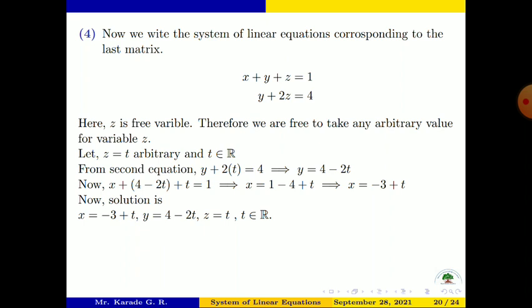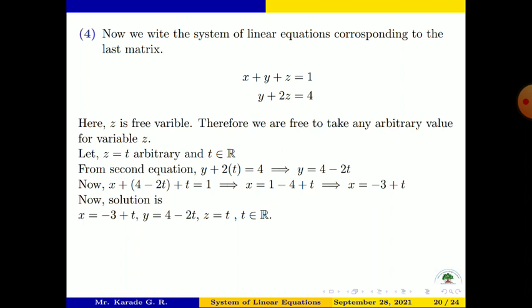So this is a general formula to find infinitely many solutions for this system of linear equations. For different values of t, you will get different solutions for the given system of linear equations. As t belongs to R, means t is any real number, but set of real numbers is an infinite set. So we can take infinitely many values for t. For each value of t we have one particular solution for the given system of equations.